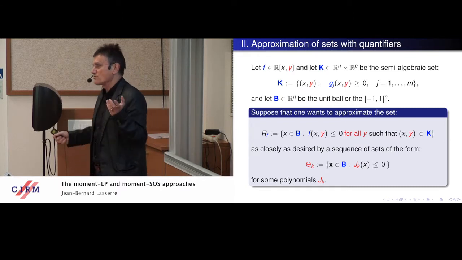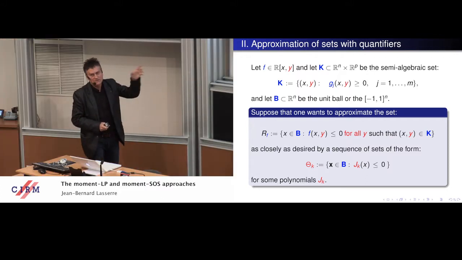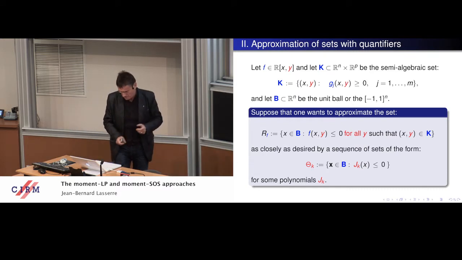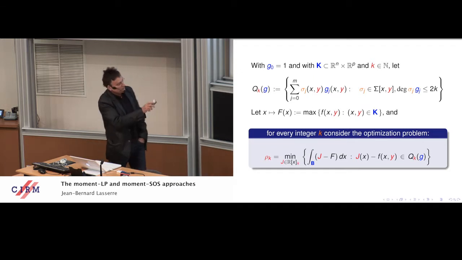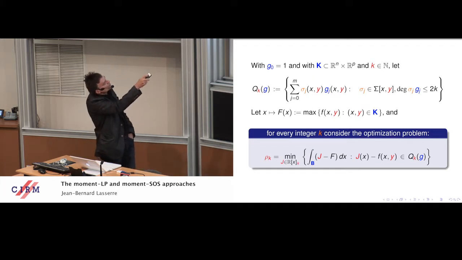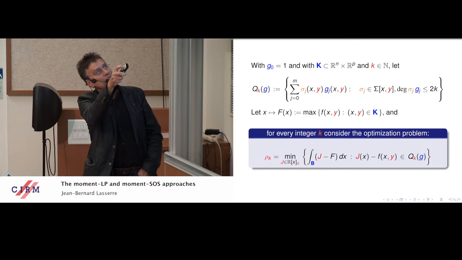You know, of course, by Stone-Weierstrass, since everything is compact, that such a polynomial exists, but you would like to compute it efficiently. How do you do that? Well, you define, remember this is the quadratic module, the set of polynomials that is a sort of certificate of positivity on K, the polynomials that you can write in this form.